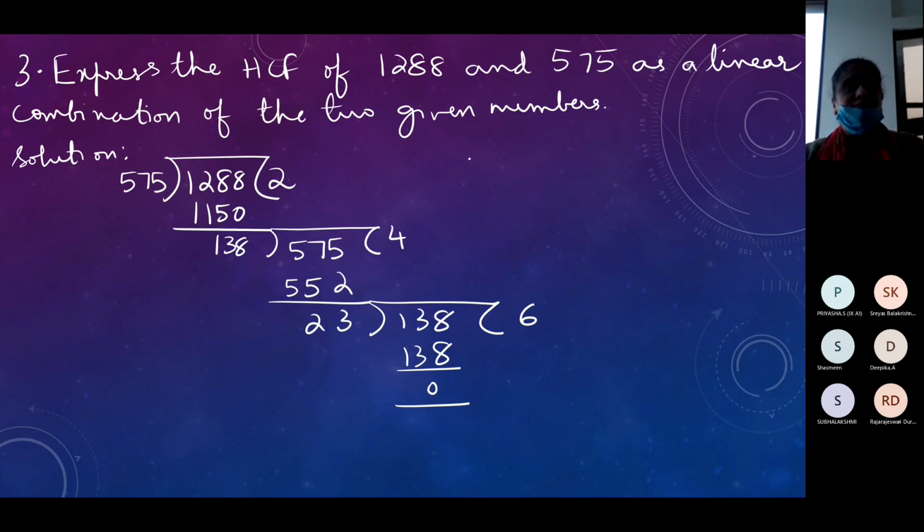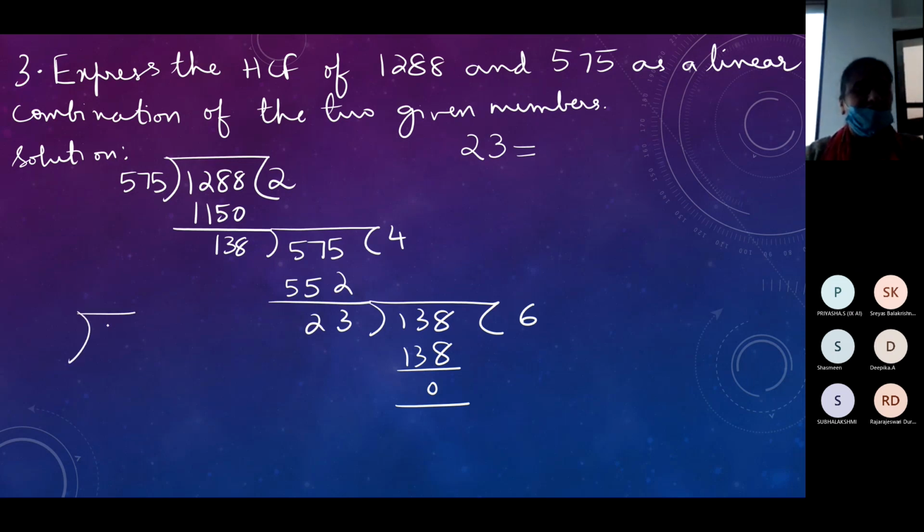All right. So now, shall I start? Okay. Now, which is the HCF? 23. So we start from there. The HCF 23 is equal to, we just use the division algorithm, nothing else. Okay, let me show you something else.